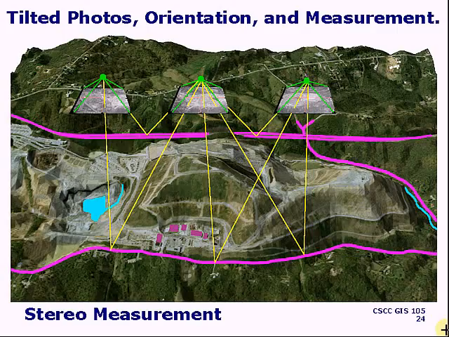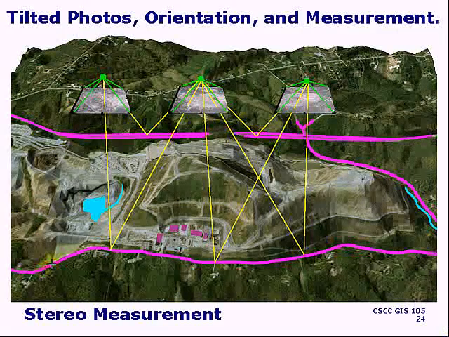And as I move that dot around inside the three-dimensional photographic space, because I have that coordinate system locked down, anything that I measure in the photo space is now going to come out in ground units.